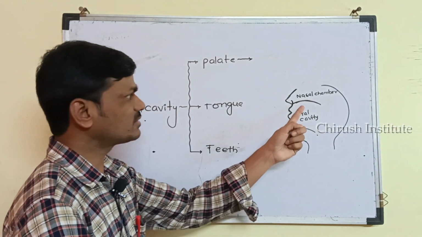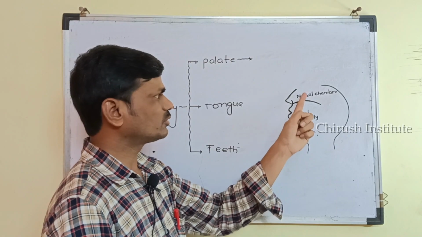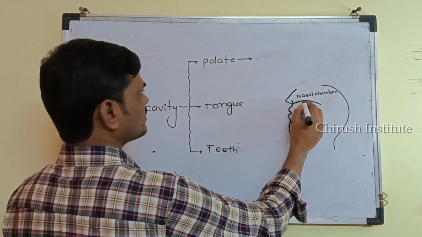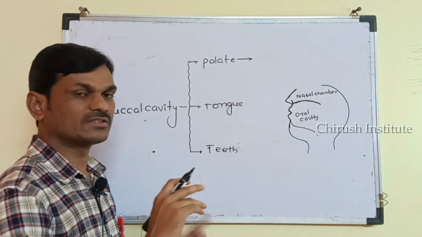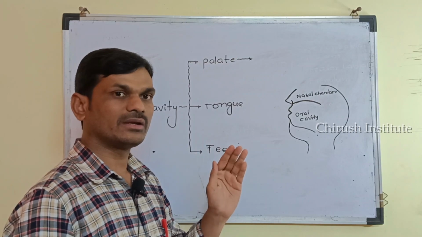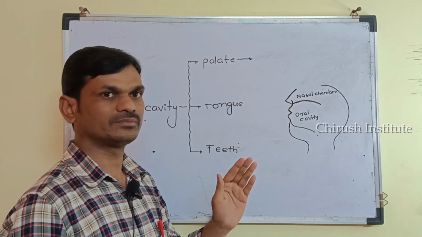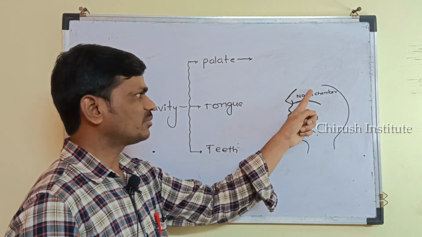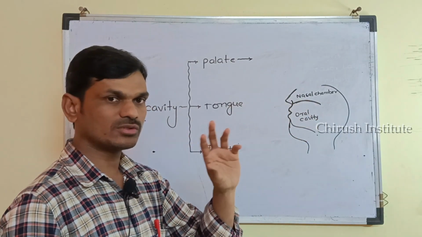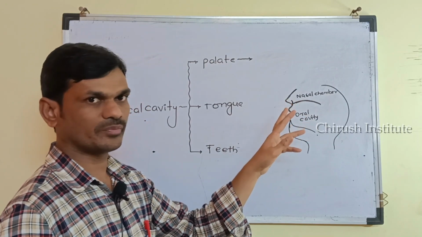Because of the palate, we can eat and drink at the same time. The nasal chamber and oral cavity are well separated by the palate, so there is no chance of mixing of air and food.